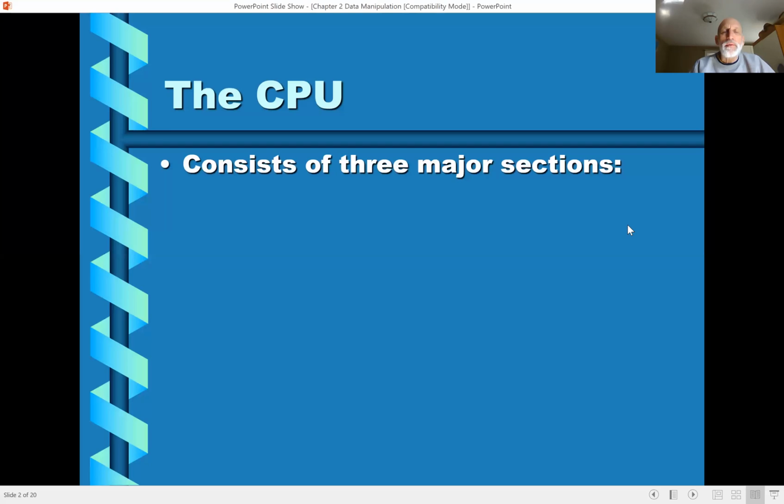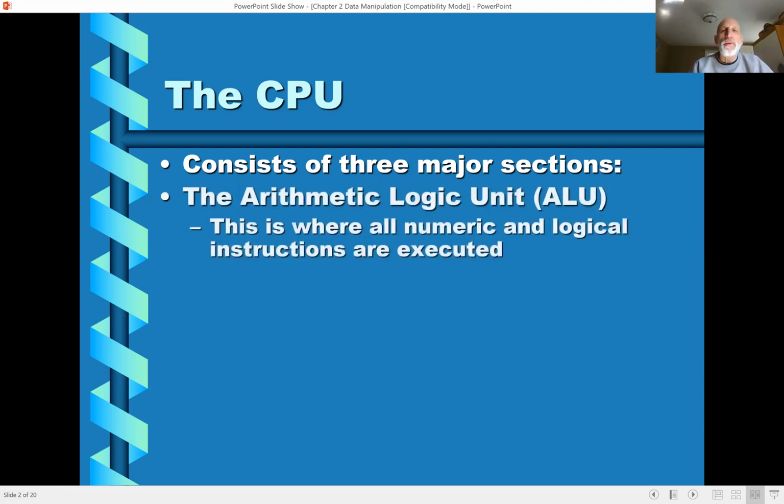So first of all, the general CPU. This is not a modern CPU, which is much more complicated than what we're doing here, but the basic components or sections of a CPU are three. First, the arithmetic logic unit. This is important. This is where arithmetic is performed, like addition.